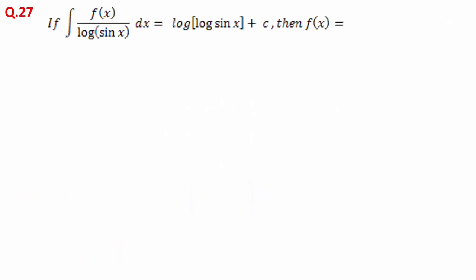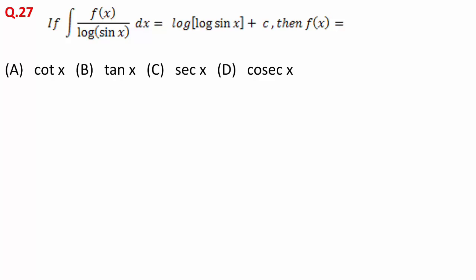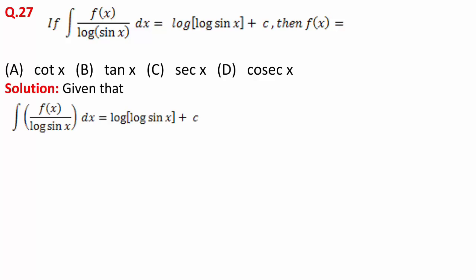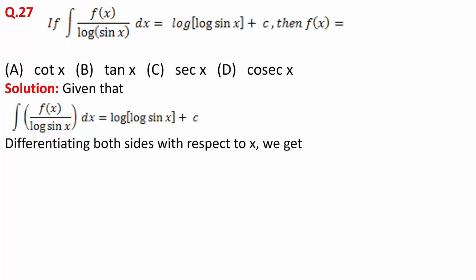Question 27. If integration of f(x) divided by log of sin x dx is equal to log of sin x plus c, then f(x) is. Options are A cot x, B tan x, C sec x, D cosec x. Solution. It is given that integration of f(x) divided by log of sin x dx equals log of sin x plus c.